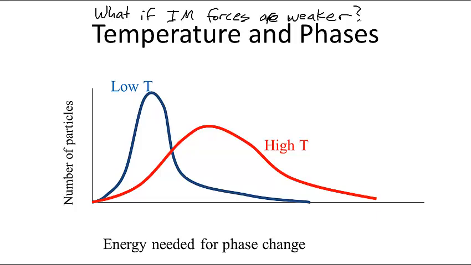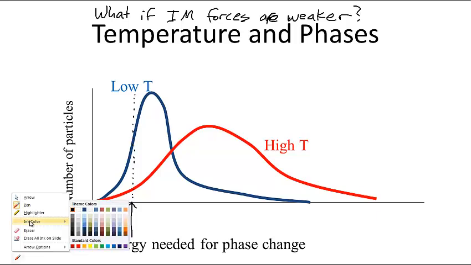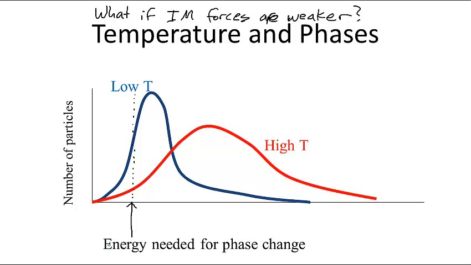Now my energy needed for phase change, if the forces are weaker, it's going to require less energy, so my energy needed for phase change might be over here. And so even at low temperature, if the intermolecular forces are really weak, I'll still have lots and lots of molecules able to undergo the phase change.